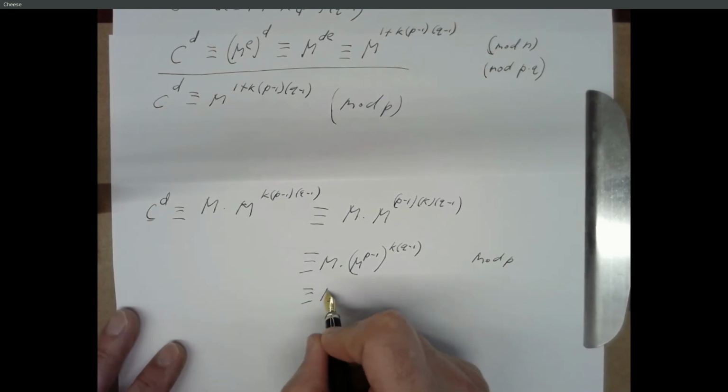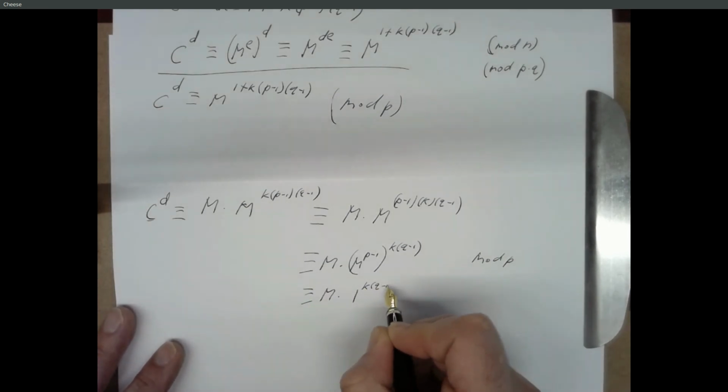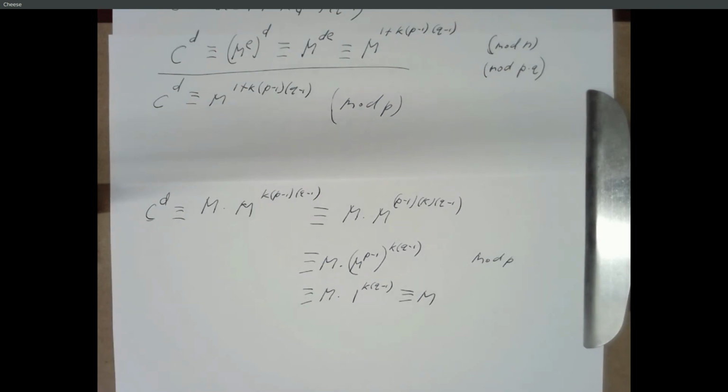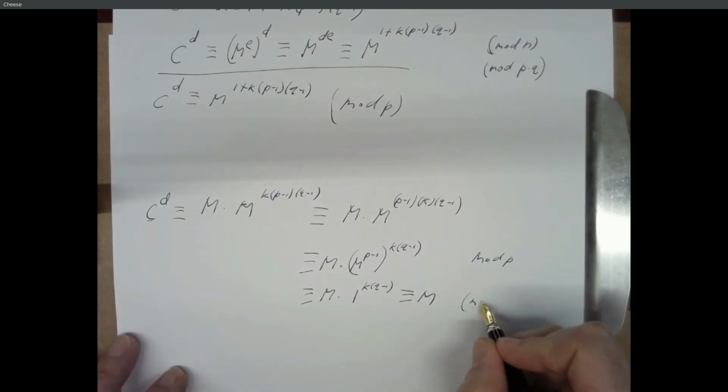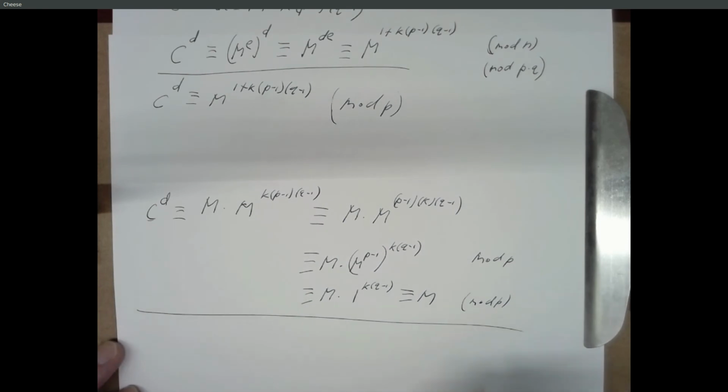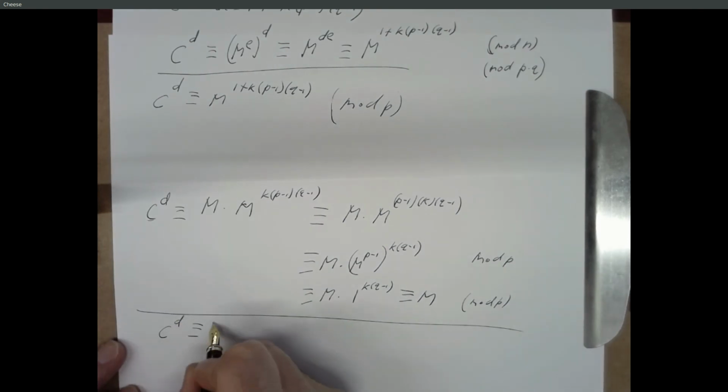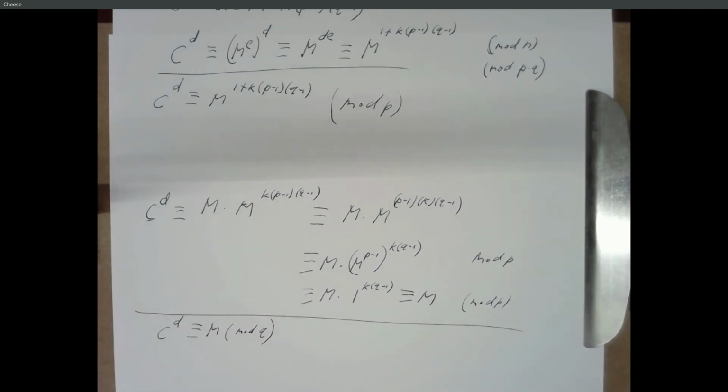So this is congruent to M times 1 raised to the K times Q minus 1, which is just congruent to M. And we can repeat this whole process and show that C to the D is congruent to M modulo Q. So if we just mod Q, C to the D, you'd get M, but Q is potentially smaller than M, and P is also potentially smaller than M.